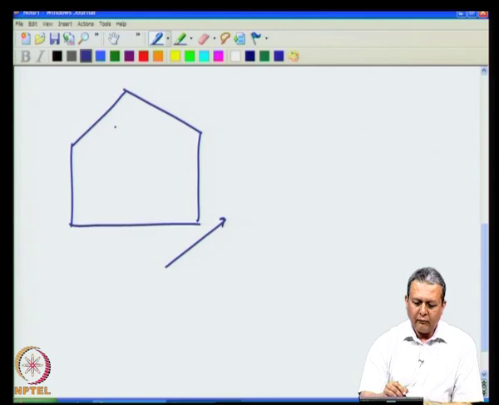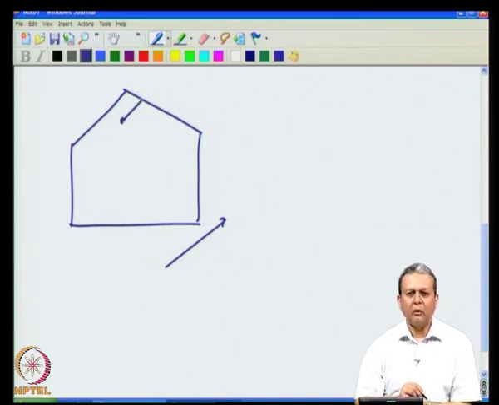If we have a point here, and we move along this direction, we would reach a point close to the boundary.